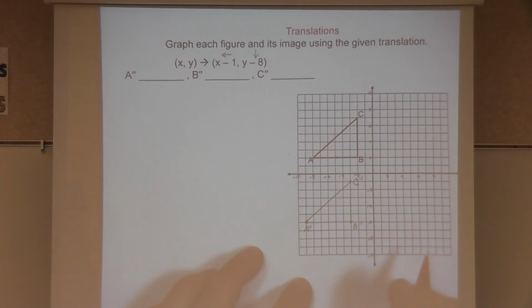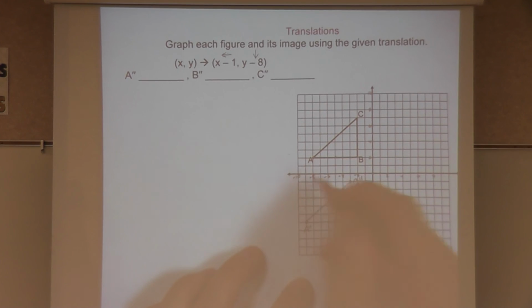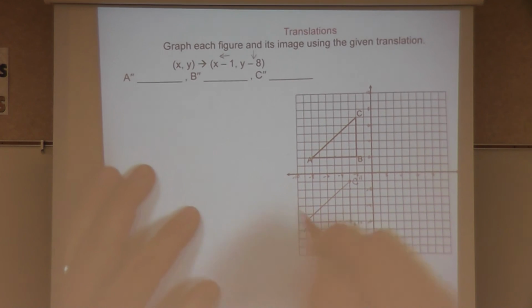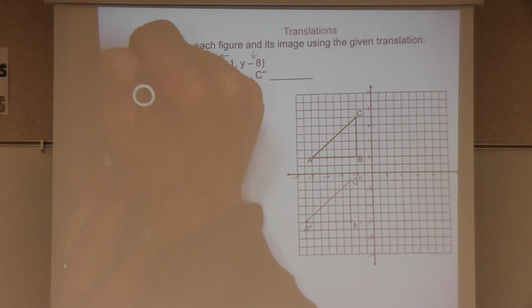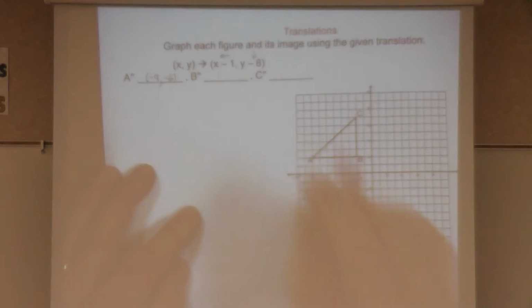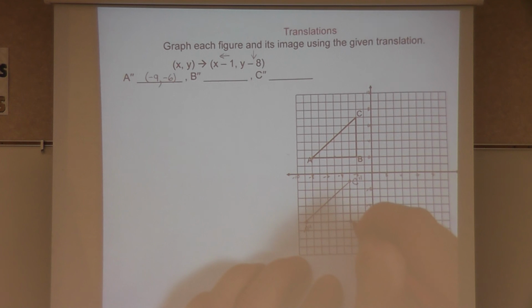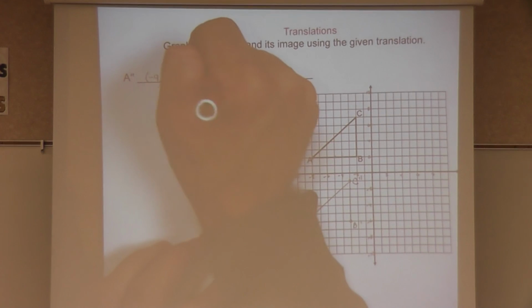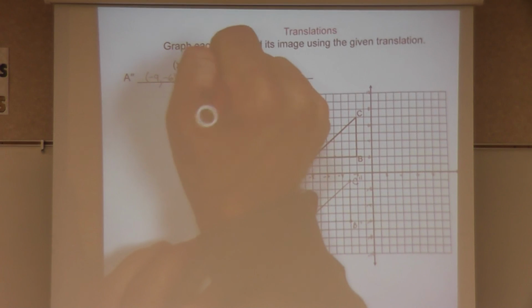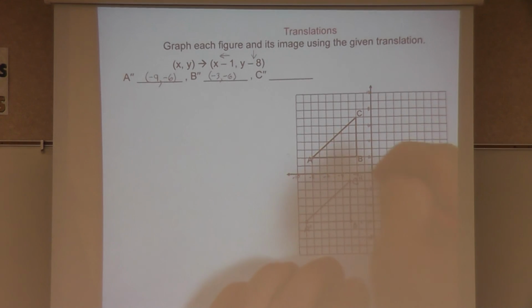So the coordinates of A double prime are sitting at over -9 and down -6. So this coordinate would be (-9, -6). B double prime is over -3 and down -6. So this coordinate is (-3, -6). And then C double prime is over -3, but only down -1.